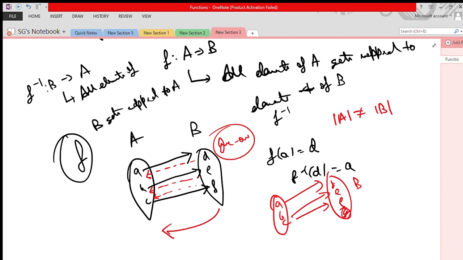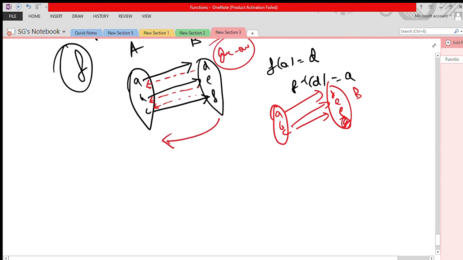Are you getting my point? Which has no pre-image. Then how can you form the inverse function? That's why the orders of both sets must be the same when the function is a bijection. I guess this particular thing is clear.